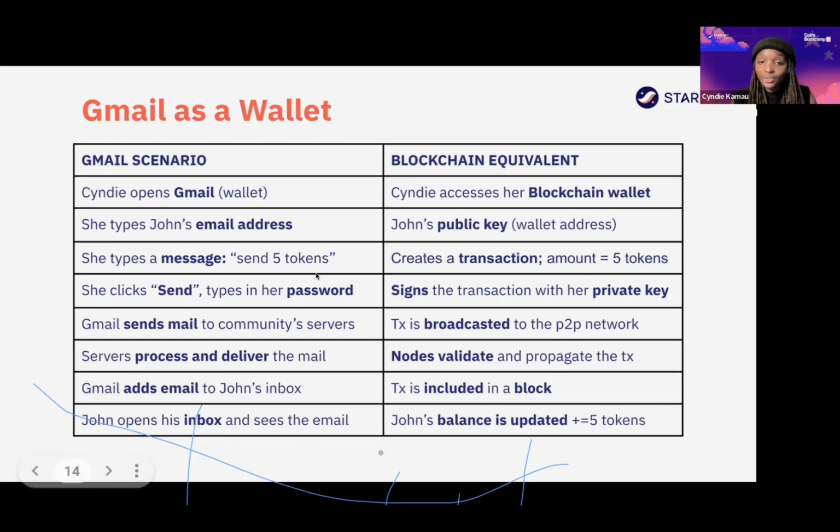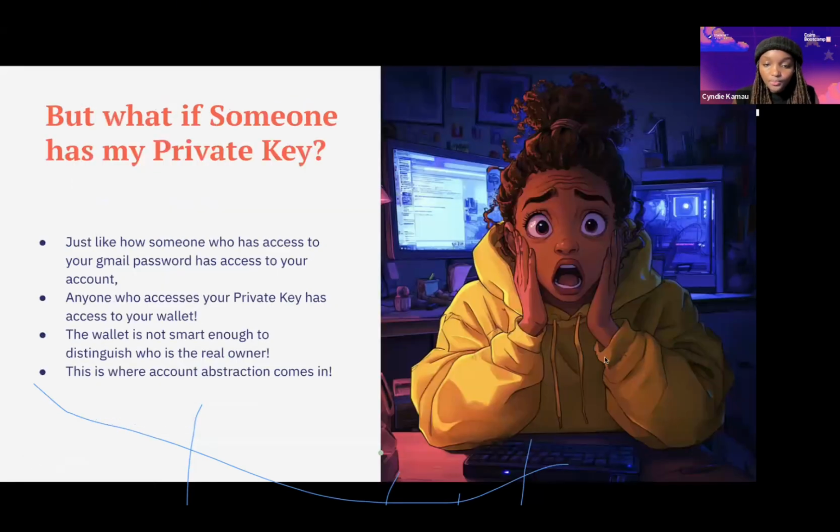Well, this is one of the biggest challenges we have, right? If someone has access to my Gmail password, they can impersonate me and send an email to John and drain everything from me, right? So what do we do? First of all, these wallets don't even know who the real owner is. It's not like in the Gmail example or a Google account where Google tells you someone who is not you is trying to access your account, and then you put in a new password.